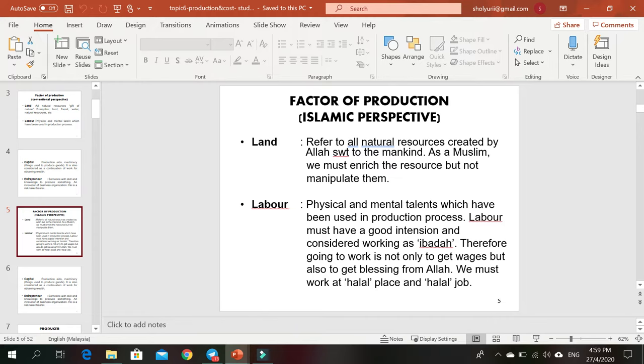Although the resources, you are the one who found the resources, you are the first one who discovered the resources, you cannot conquer it for your own self. You must enrich it, and as a Khalifah, you distribute this for the people, because everything in the world belongs to Allah Subhanahu Wa Taala.